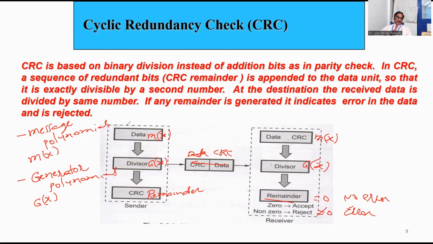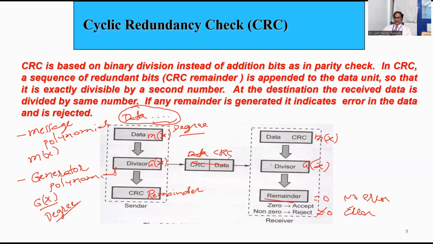But originally, based on the degree of g of x, the original data is appended with as many zeros on the LSB side as the degree of the generator polynomial. Then this entire thing is divided with g of x, and the number of bits in the remainder we get is equal to the degree. That is appended on the LSB side.